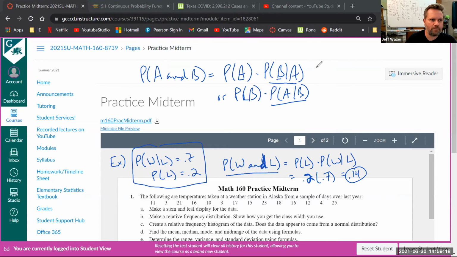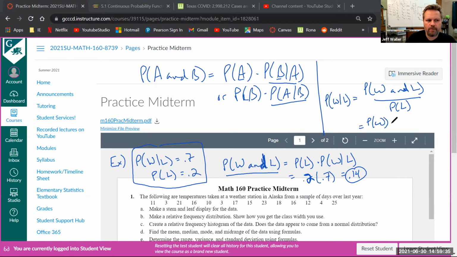Okay, so the formula for it is this, right? Let me say this one more time. You cannot replace the top with this unless you know that they're independent.